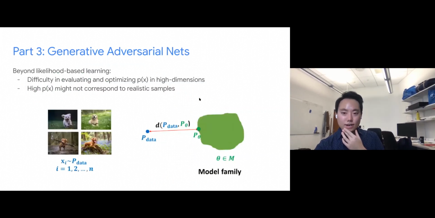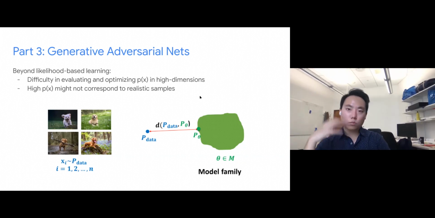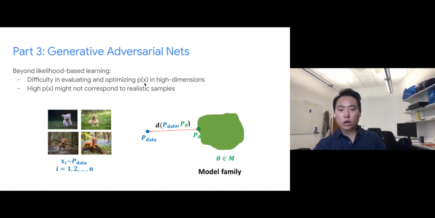So part 3, actually going into GANs. I know LP talked briefly about GANs last Thursday, so I'm also going to go through a really quick review and also more in-depth parts of GANs. GANs were motivated by, again, the difficulty in evaluating and optimizing your P of X in high dimensions. We saw that with Gaussian mixture models, you could compute P of X exactly.